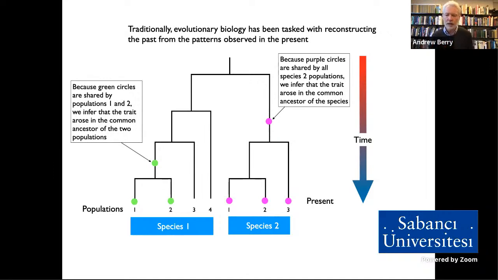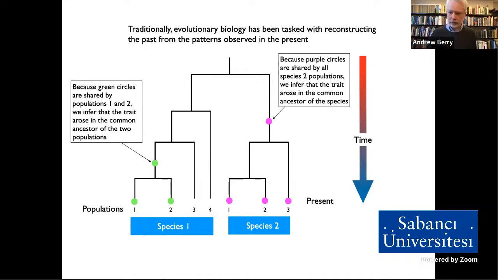The fact that 1 and 2 in species 1 both have the green mutation, but 3 and 4 do not, tells us that the green mutation arose in the common ancestor of populations 1 and 2, but after the split with population 3. The fact that all 3 populations in species 2 have the purple mutation, but the purple mutation is not present in species 1, tells us that mutation arose in the common ancestor of all of species 2. We're working backwards, right?